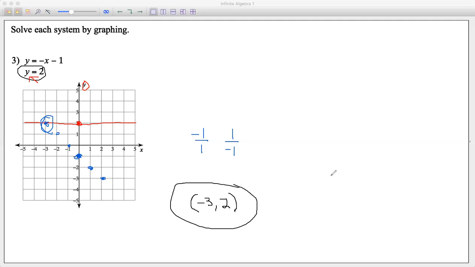Okay. Negative 3, right? Are you okay? Slope is... So that was correct, right? That's the y-intercept. What's the slope? Right. So you should look at it.